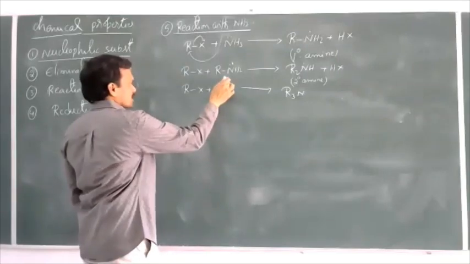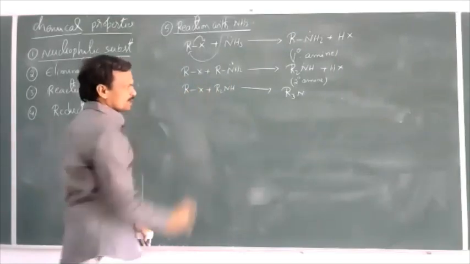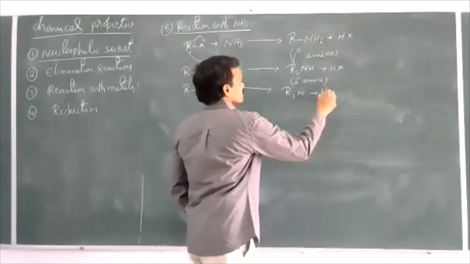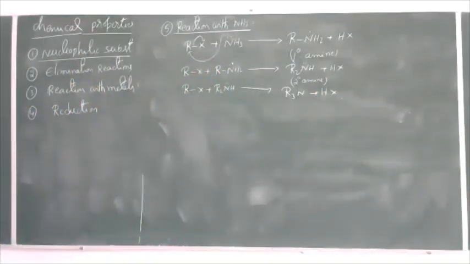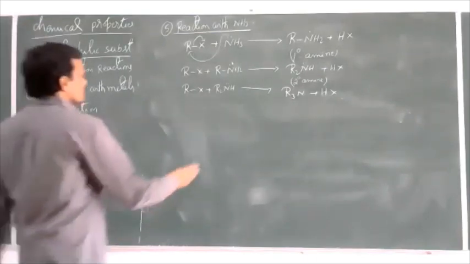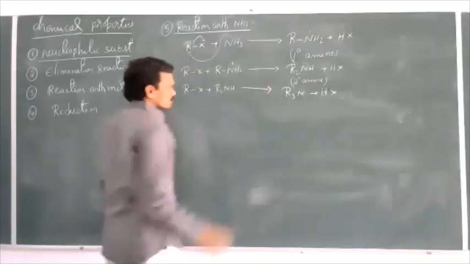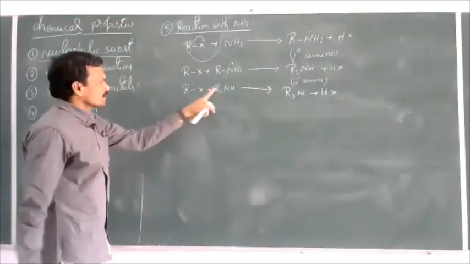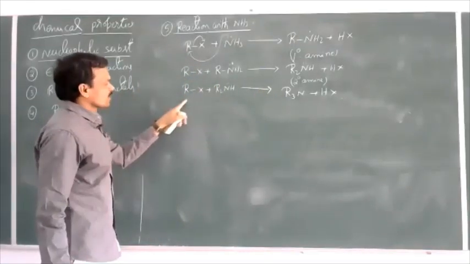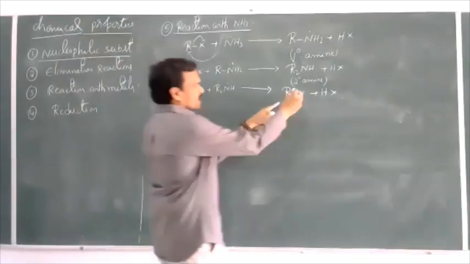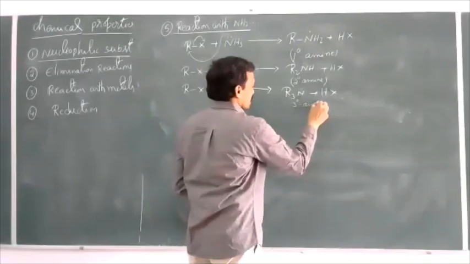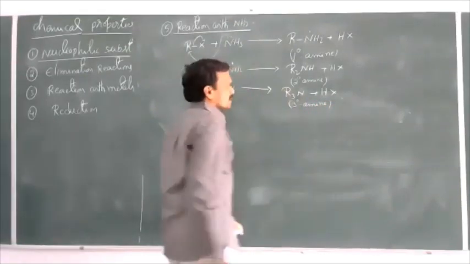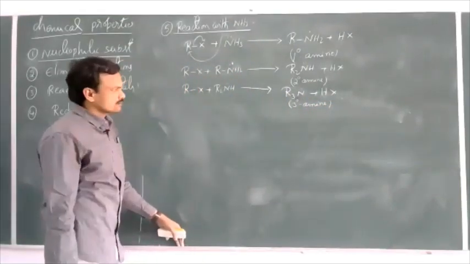So this nitrogen, same, donates electron pair to R, X minus will be replaced, plus HX. Again nitrogen attacks this alkyl group and X minus is replaced. Then we can get R3N. Now this is called a tertiary amine. Tertiary amine will be formed as the product.